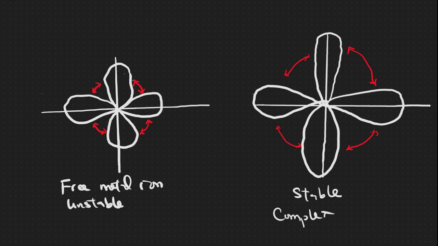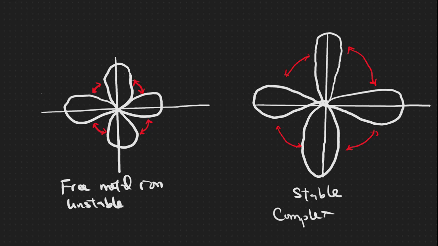The Nephelauxetic effect says that the free metallic ion is usually unstable due to the repulsion between the orbitals, and when it then forms a complex, it is more stable because there is an expansion of the electron cloud or the electron orbital. Therefore, there is less repulsion between these orbitals.